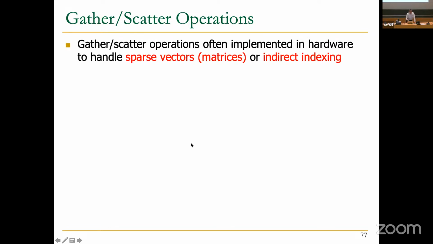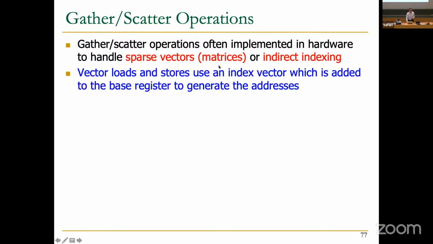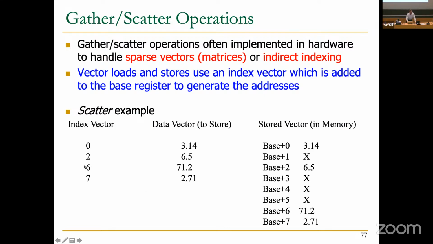Now let's take a look at an example. Essentially, these are often implemented in hardware to handle these sparse vectors, as I mentioned, or indirect indexing. Vector loads and stores use an index vector, which is added to the base register to generate the addresses. Let's take a look at an example of a scatter, not gather. This is our index vector. These are the locations from a base address that we're going to store this data vector to.